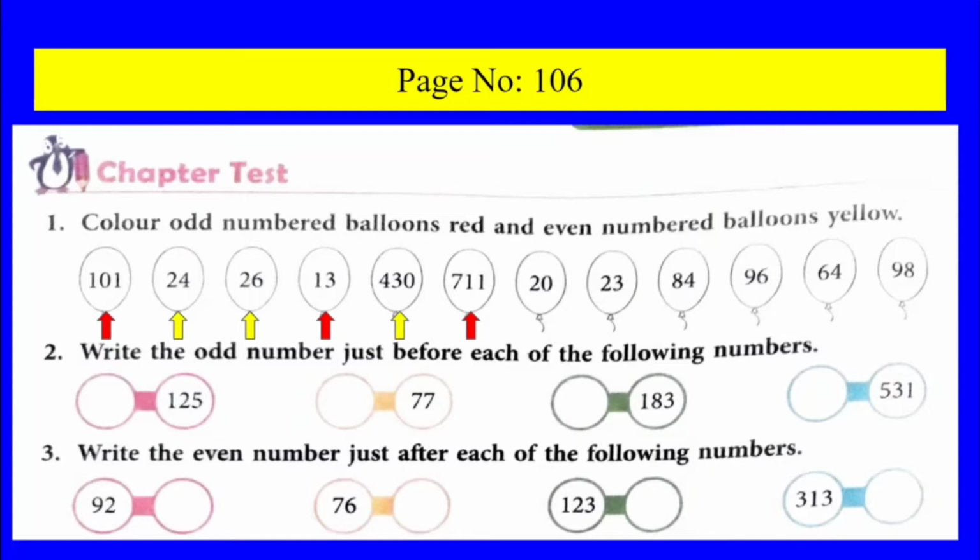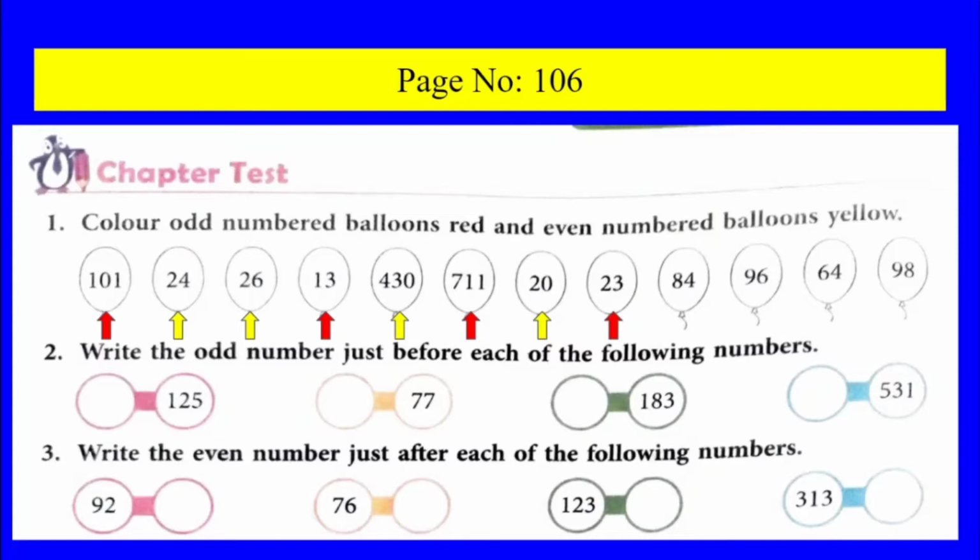Therefore 20 is an even number, so we will color it yellow. Very good, children. So now let's look at the next number, 23. So here 23 ends with the number 3. Therefore it is an odd number, so we will color it red.